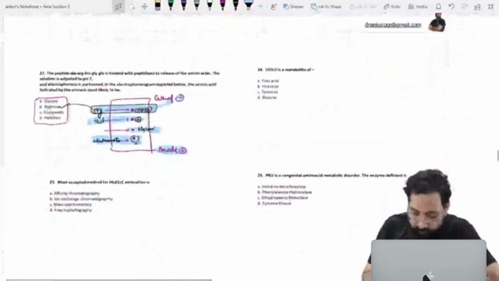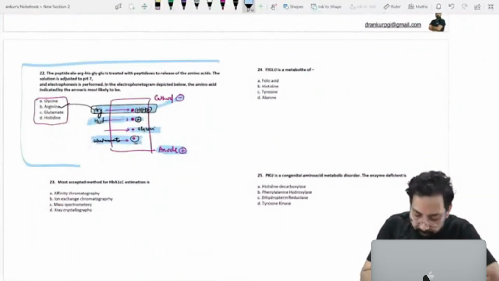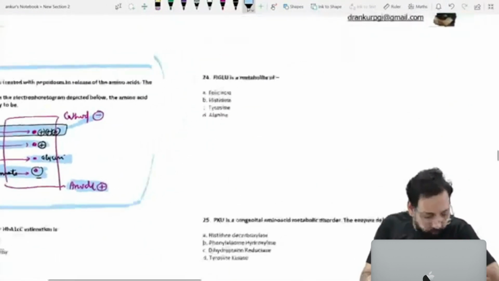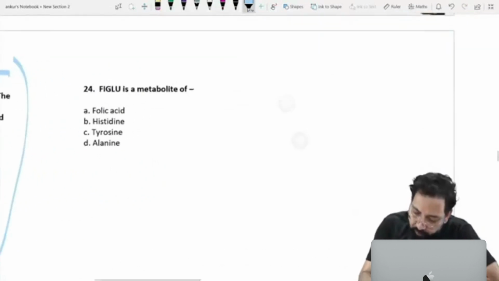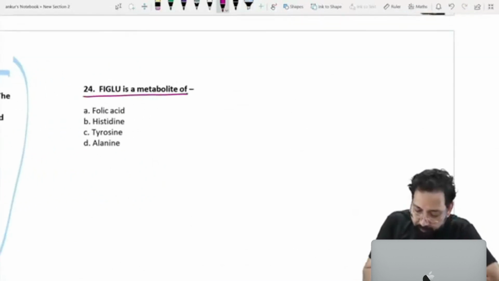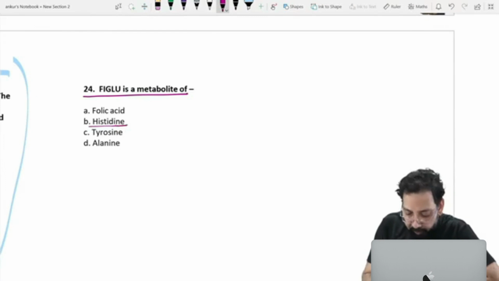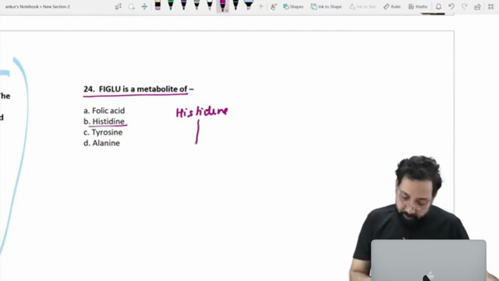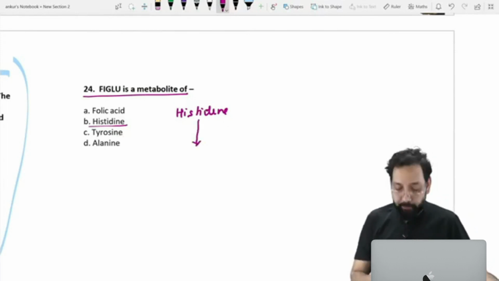You have read this already. Figlu is a metabolite of histidine. Histidine is converted to Figlu.